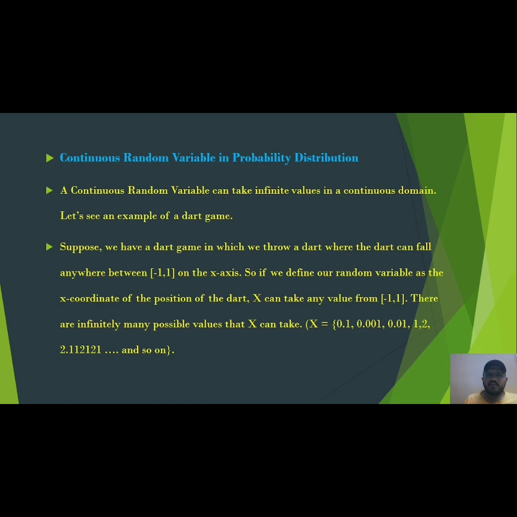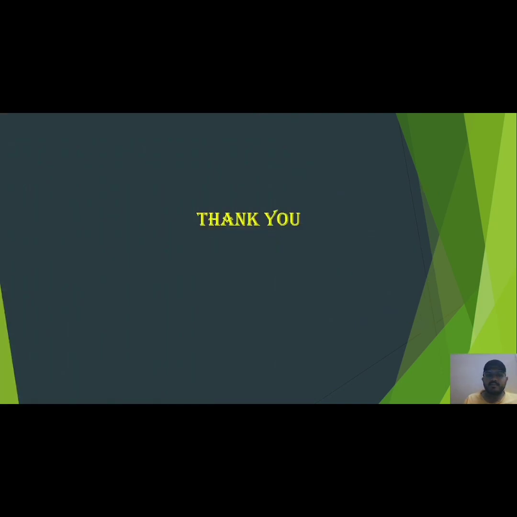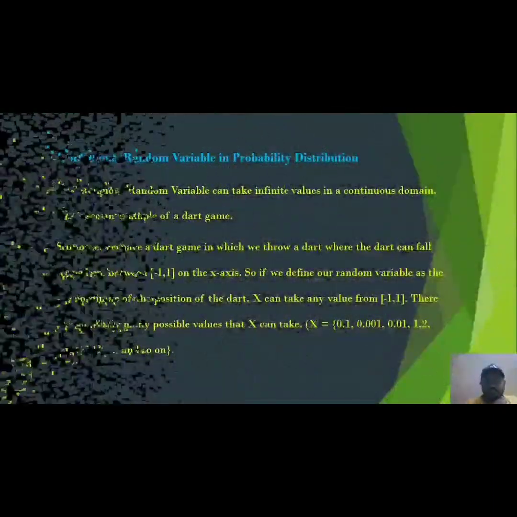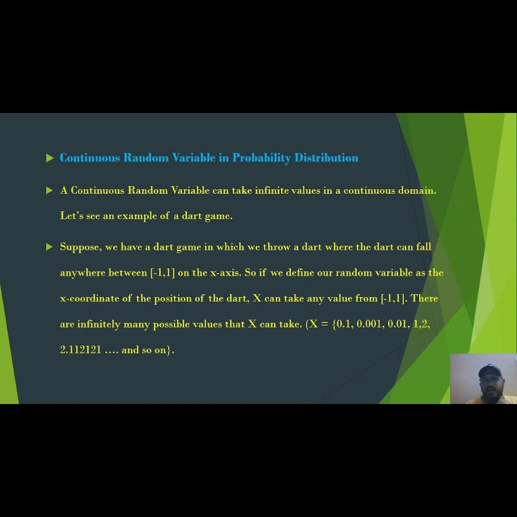So if we define our random variable as the x coordinate of the position, x can take any value from -1 to +1. There are infinitely many possible values that x can take.